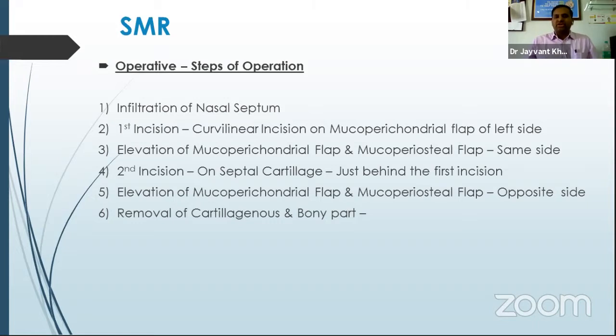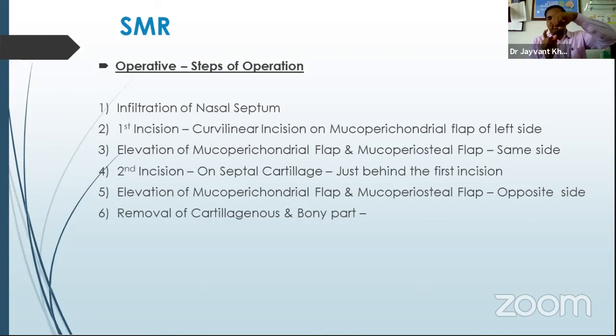Okay, when we introduce Killian's forceps, the nasal septum remains in the midline, between the blades of Killian's forceps.